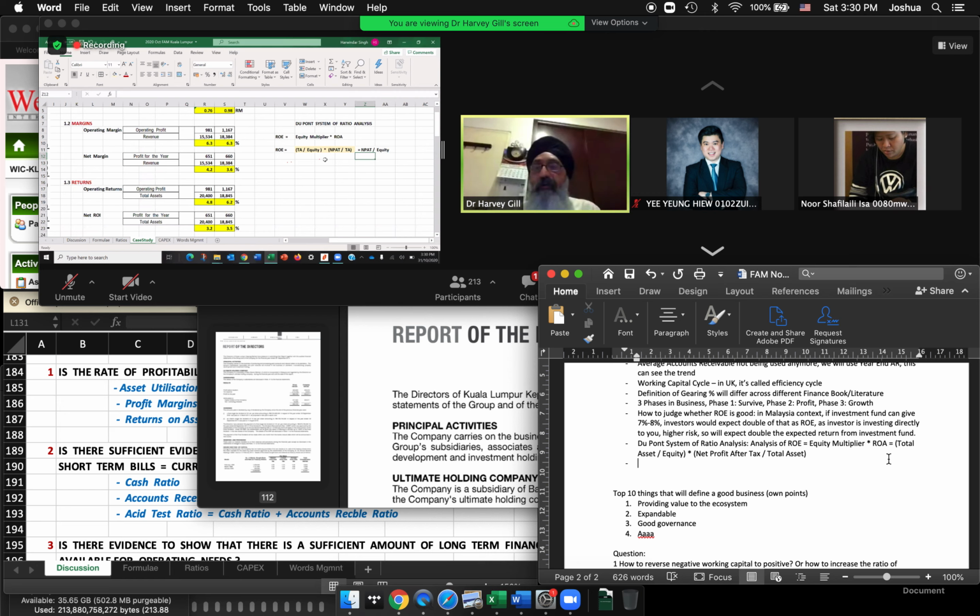Yeah, now if I wanted to then analyze ROA further, ROA I know is a net profit after tax divided by total assets, isn't it? Yeah, but I can also tell you this, that this depends on profit margin and it depends on asset utilization.